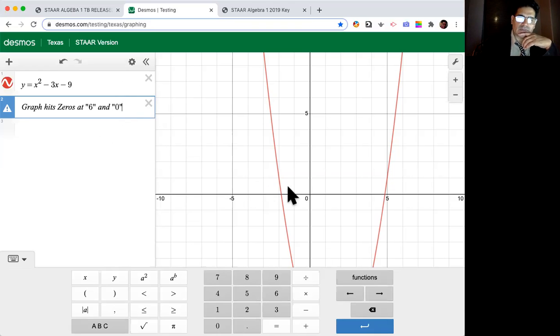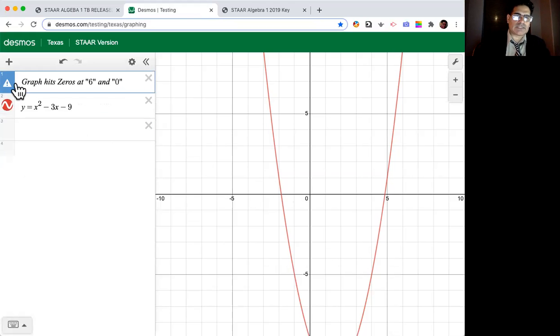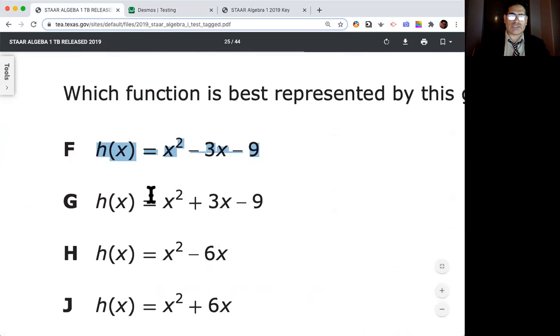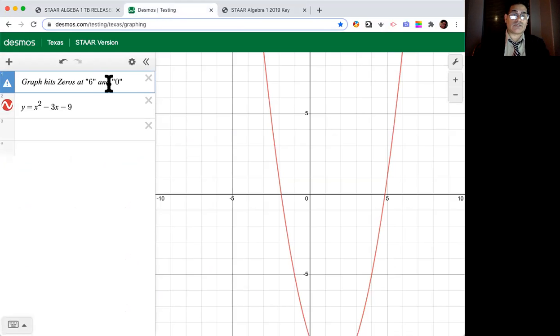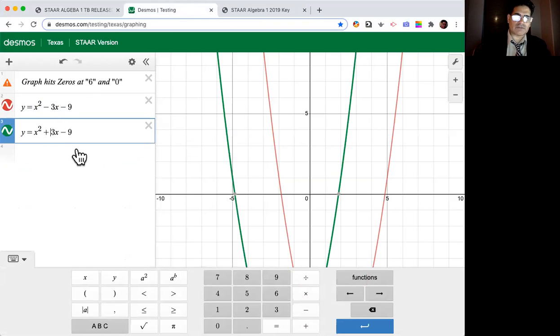Positive 6 and 0. Okay, so that's not it. All right, that's my given. So we go on to the next equation, which is, instead of negative 3x, going to be positive 3x. So I just copy and paste, and I'm going to make that into a positive. All right, so let's see.